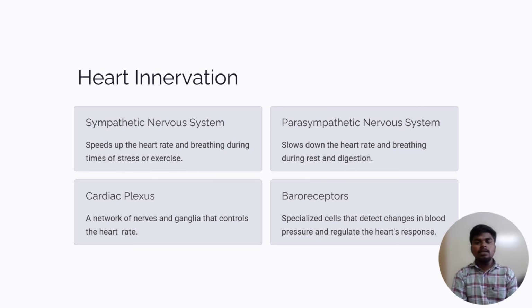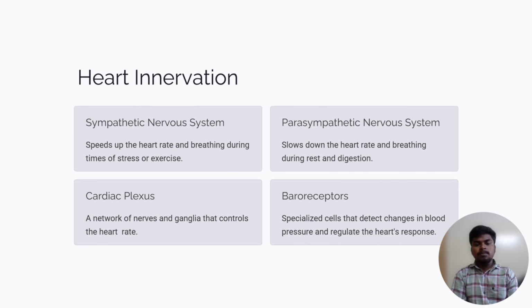The parasympathetic nervous system helps to slow down the heart rate during rest and digestion hours. The cardiac plexus is a network of nerves and ganglia that controls the heart rate.